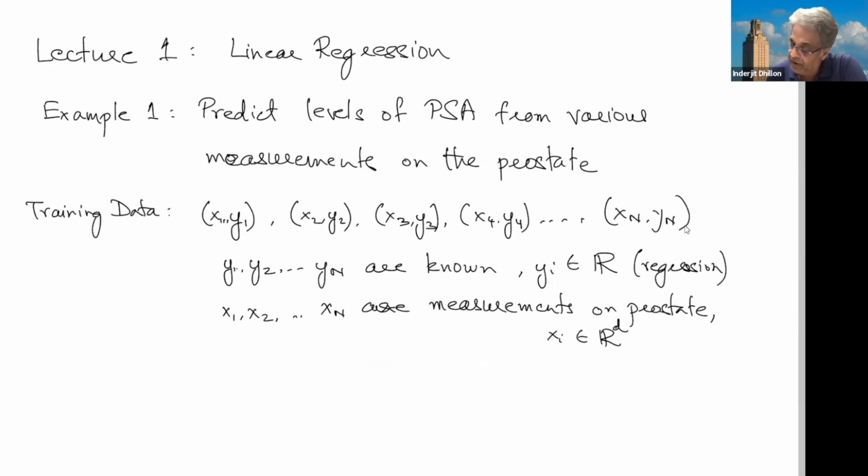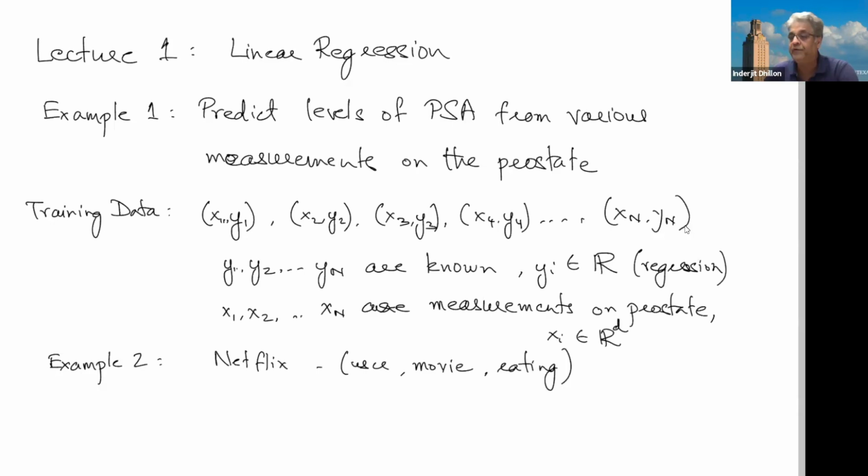Okay. Let me talk a little bit about another interesting example. Let's suppose you are on Netflix. This is the recommender system problem. There is a user, there is a particular movie or a show, and there's a particular rating that this user has given to this movie.